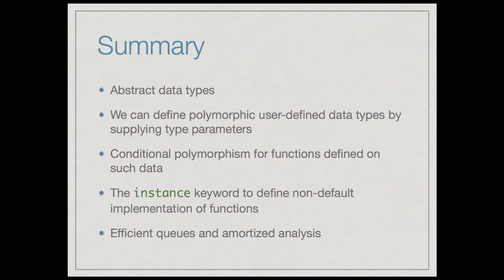For instance, for the function sumStack, because the function makes sense only if the type parameter satisfies certain properties, like being a numeric data type. We have shown that we can use the instance keyword to define non-default implementations of functions like show. Finally, we looked at an example of how we can implement queues more efficiently and analyzed the efficiency of this new implementation by using the technique of amortized analysis.